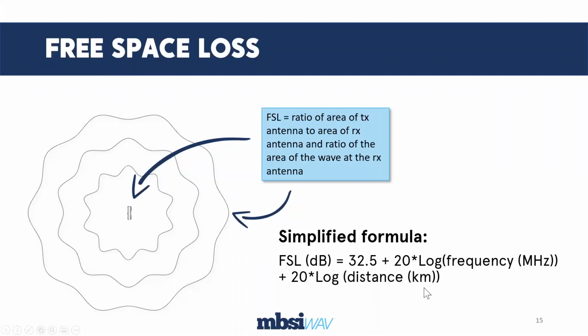If I want to do this in miles, 36.2 plus 20 log of the frequency in megahertz plus 20 log of the distance in miles is the formula. But since we in the scientific world are metric, we're going to stay metric. So we're going to stay in kilometers, megahertz in kilometers. So this is the formula.